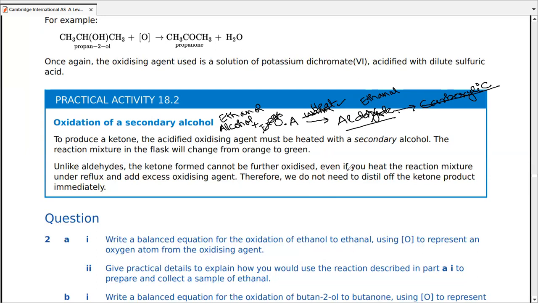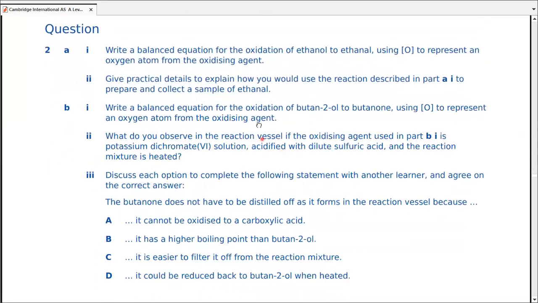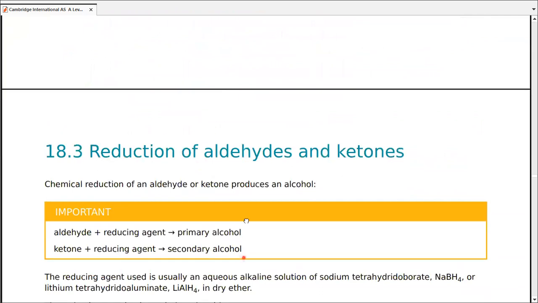And sometimes they don't even quote the reflux over here. And then if they don't quote the reflux, the alcohol can be the secondary alcohol and the product can be the ketone because they know they do not need to distill it off immediately. Now, these kinds of hints give the student the idea in which direction the question is going.